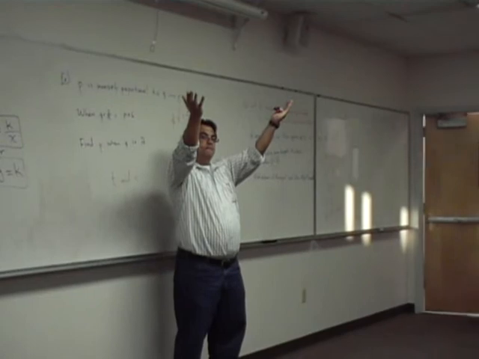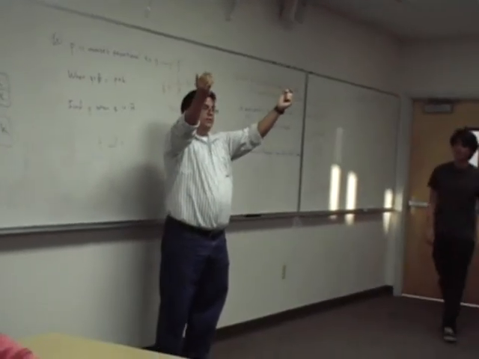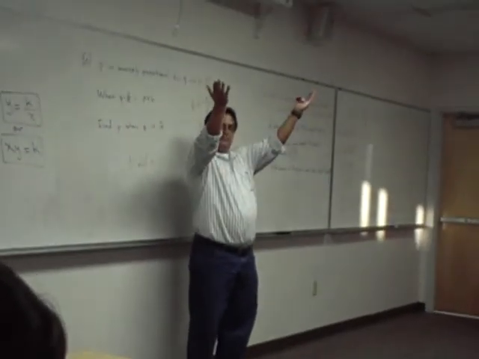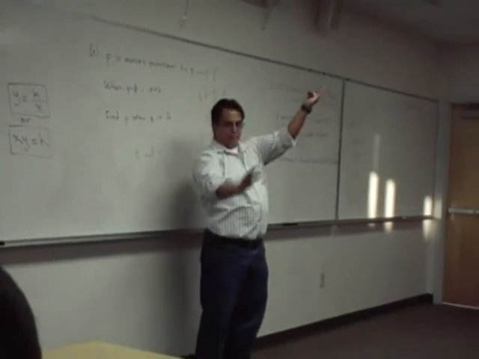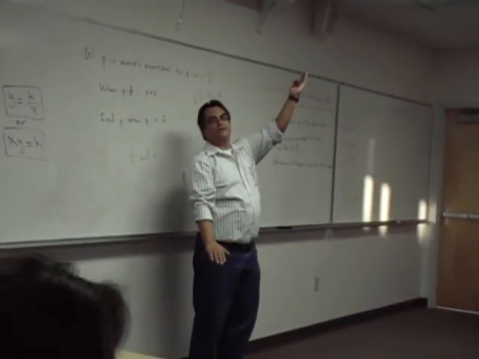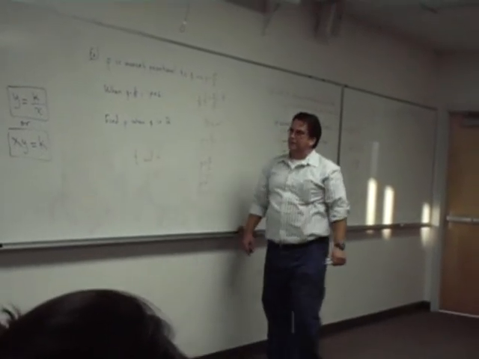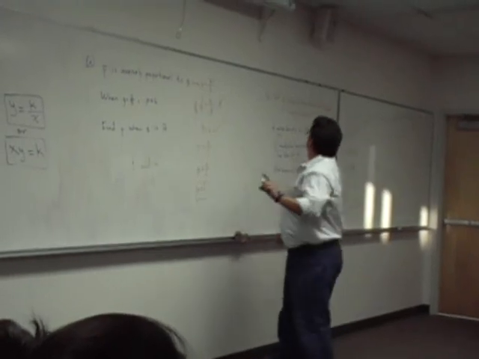Direct. One goes up, the other one goes up. Direct variation. Now, if I have a variation where increasing one decreases the other, that's inverse. They go kind of like in opposite directions, right? That's what I want you to get out of this expression.